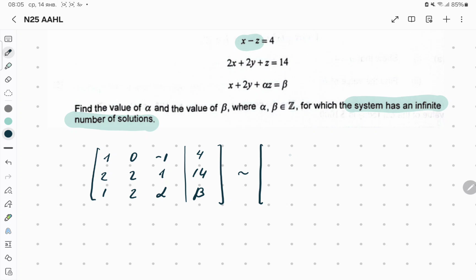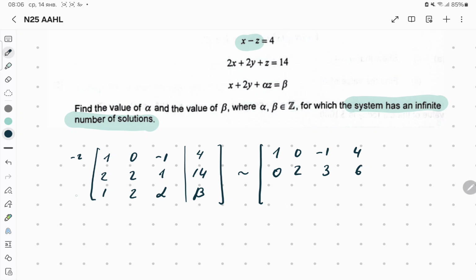Okay, let's do that. So let's leave the first row as itself. So we will have -1, 4. Now we will multiply the first equation by -2 and add it to the second equation to get the 0 under the first one. So 0 here, then 2, then 3, then 6. Okay, and in a similar way we do the last row.